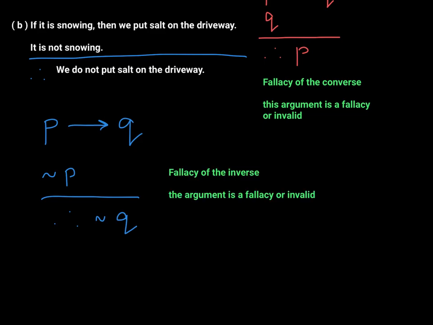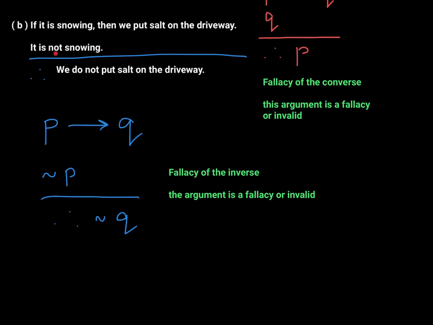So we can conclude that this argument is a fallacy. It's not true. It's invalid. If P, then Q, just because P does not happen does not necessarily mean that Q will not happen. If it is snowing, then we put salt on the driveway.